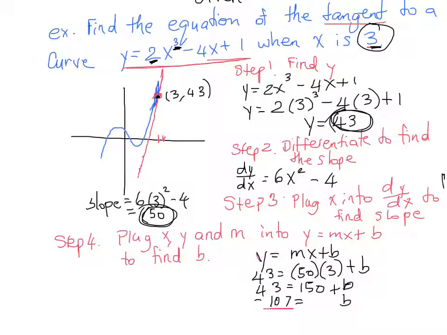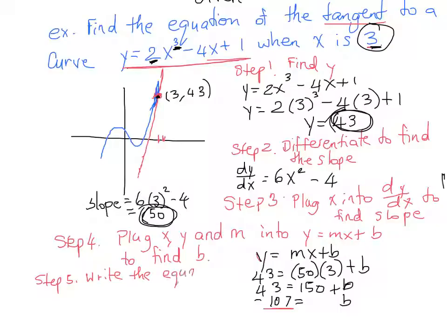Now we have everything we need, so we can finish it with step 5, or the end. I'll just write it down here. Step 5, write the equation. That's it.